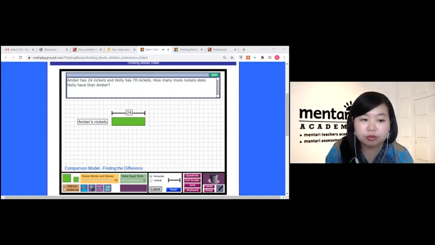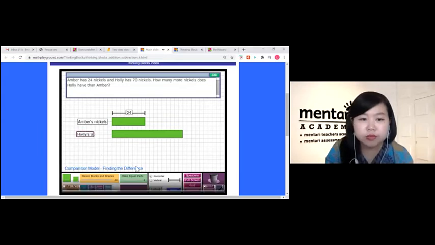Now we have to model Holly's nickels. Holly has 70 nickels, and 70 is greater than 24. So we're going to use a block that's bigger than the one we used to model Amber's nickels. And we can label this block Holly's nickels.